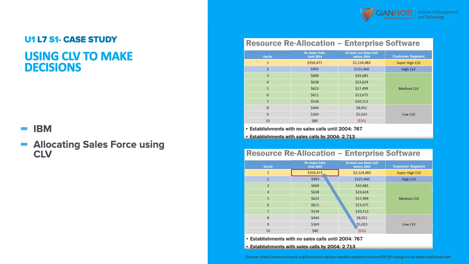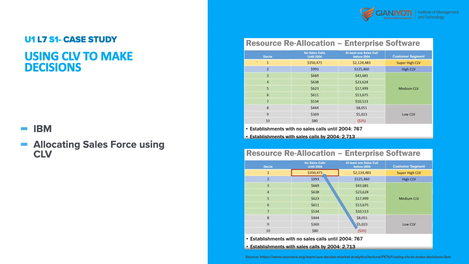They asked the sales team, rather than making calls here, where they have been making at least 1 call, they shifted all the sales force to the CLV category where no sales calls were made, but this customer bracket is in the super high CLV. So they shifted these resources. Rather than making calls here, they are going to make calls to the super high CLV cluster. So this is what they did using CLV. So that's the application of CLV here.